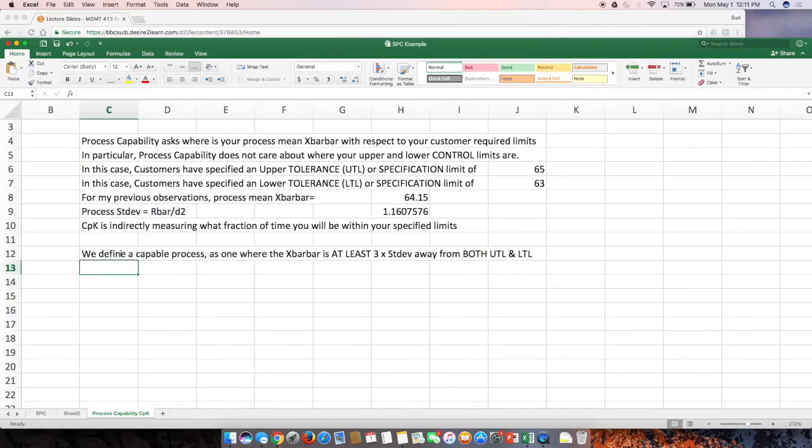So now help me calculate this. Are you within 3 standard deviations? First let's calculate the upper gap, which is the UTL minus X double bar.